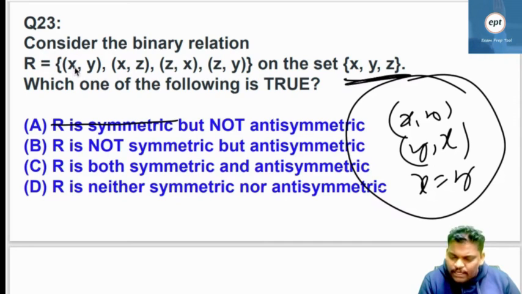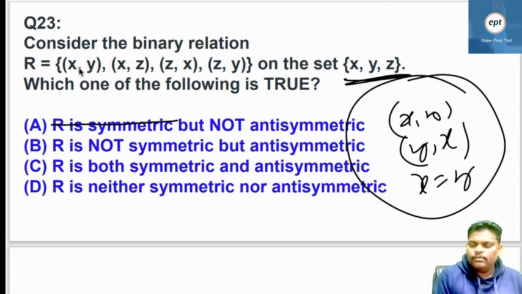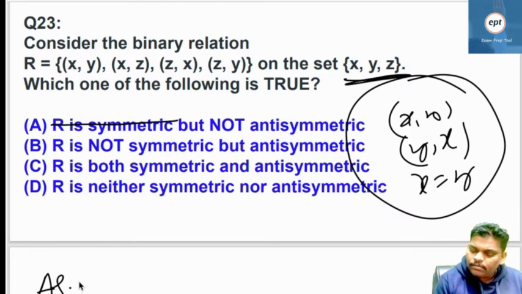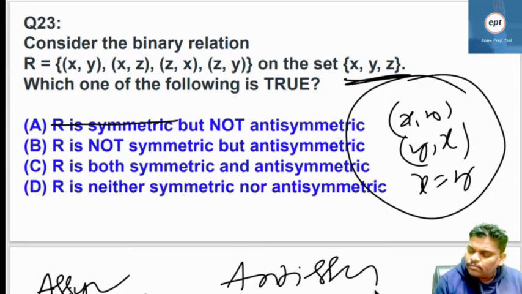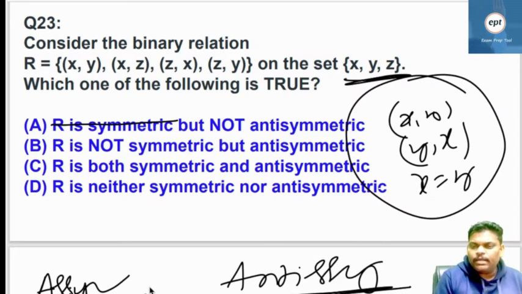Listen everyone now. Can you help me with the anti-symmetric definition? What is the difference between asymmetric and anti-symmetric?